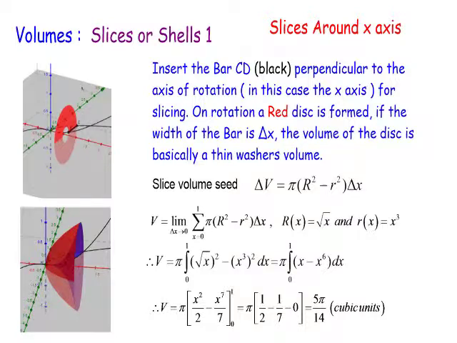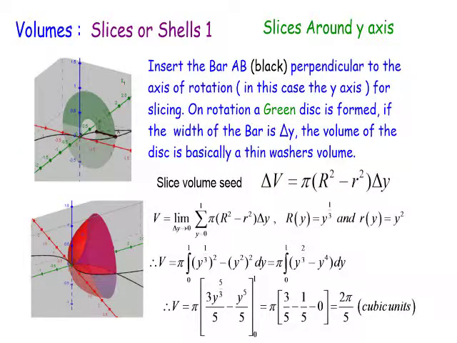Now if I want to slice it around the y-axis, I'm going to have to put the bar in at a different orientation. It has to be perpendicular to the y-axis. It'll have a thickness of delta y, and the volume element will be delta V equals pi big R squared minus little r squared, but now as functions of y as opposed to functions of x.